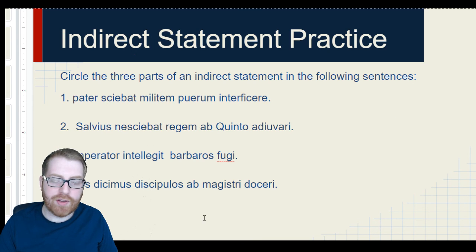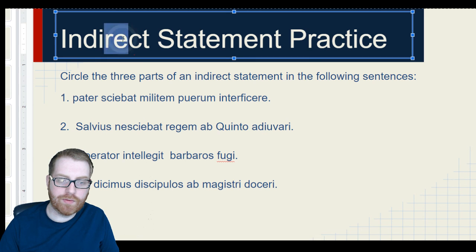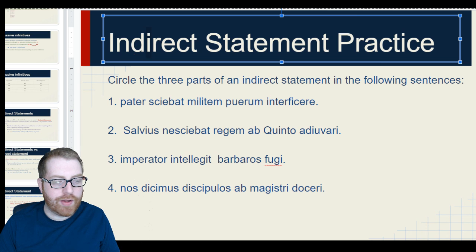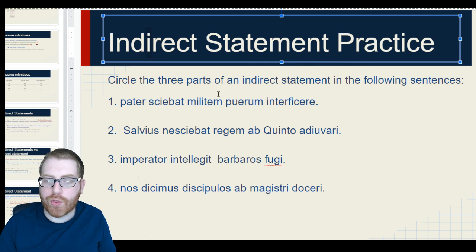So here's what I'm going to have you do. We have these four sentences here. I want you to go through, and you're going to be doing this on an Edpuzzle. I want you to go through and just identify, say circle here, you can just type in, what are the three parts of the indirect statement in each of these four sentences.